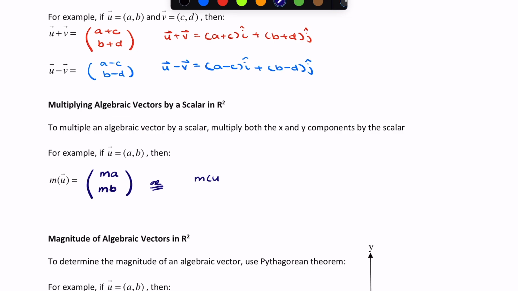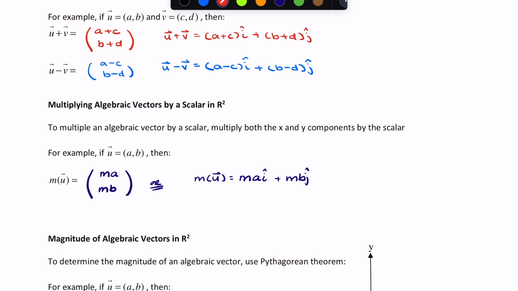m times vector u is equal to ma, the unit vector i, plus mb, the unit vector j.